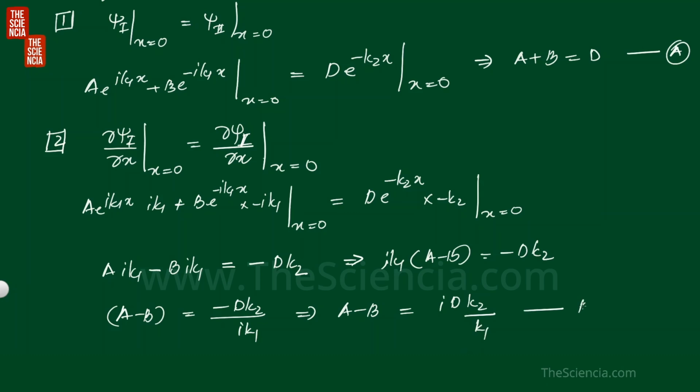This is equation b. That is, we got a plus b is equal to d, and we got a minus b is equal to i k2 d by k1.